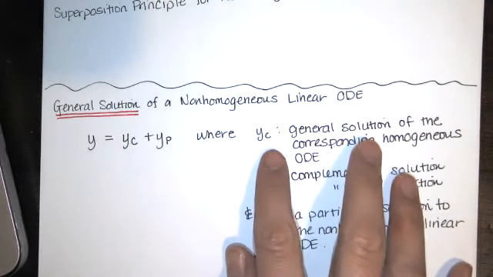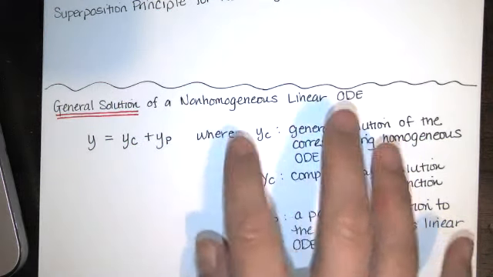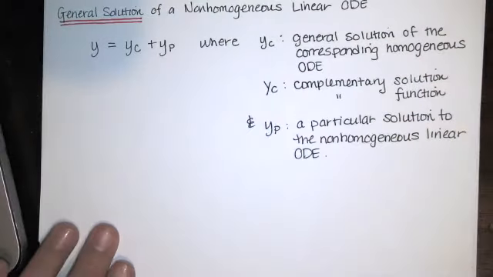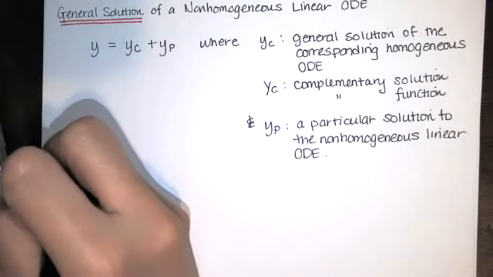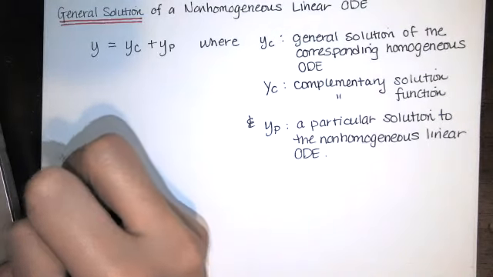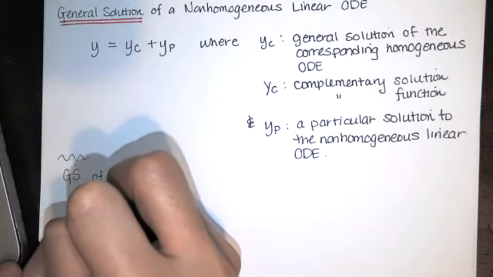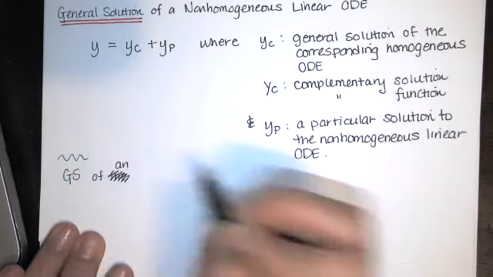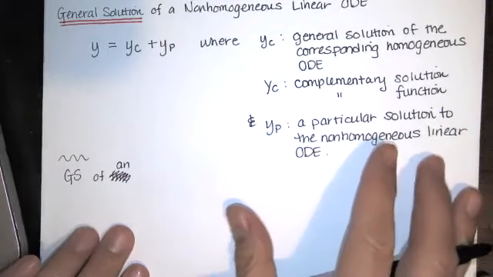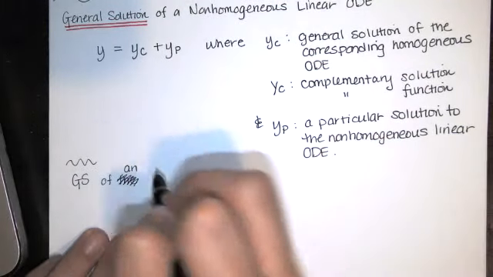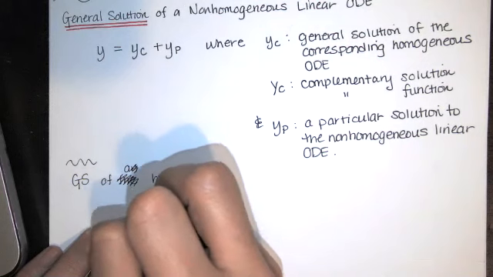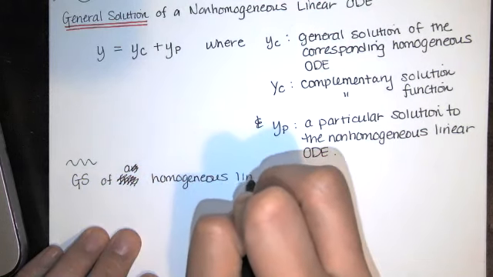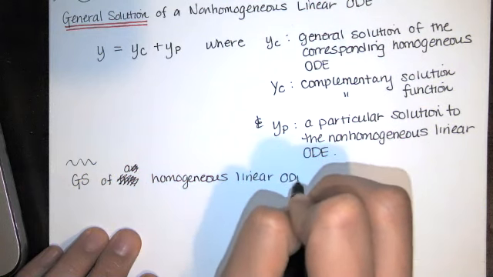Now remember, the solution to the homogeneous differential equation, that's where the right-hand side is zero, the general solution of a homogeneous linear ODE has this form.